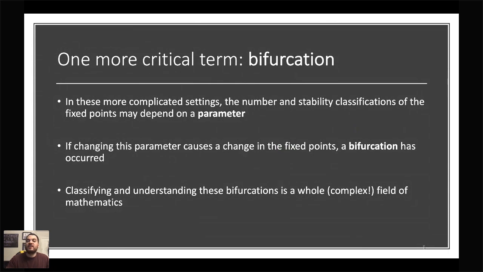And we say that if you can change a parameter to cause a sudden and significant change in the fixed points, a bifurcation has occurred. Now again, bifurcation theory is a whole complex field of mathematics, especially in these more detailed, complicated differential equations. It is not always straightforward to find out if a bifurcation has occurred and what the consequences of that bifurcation are.